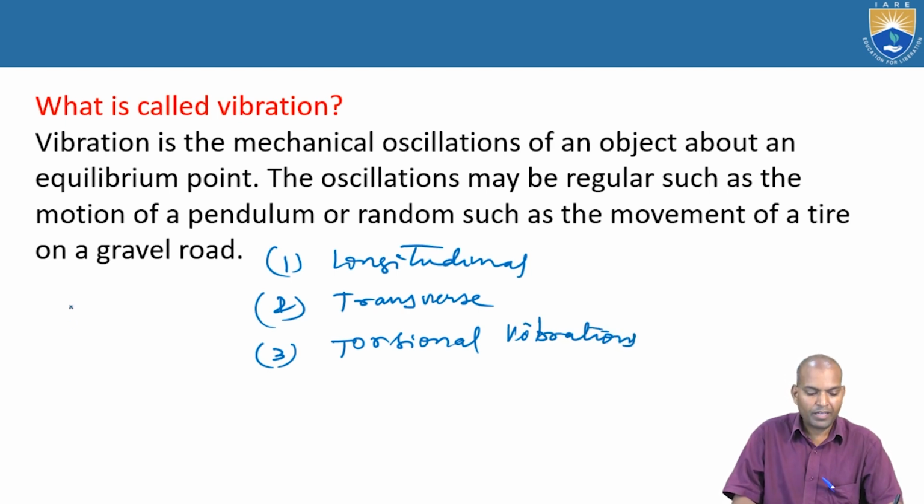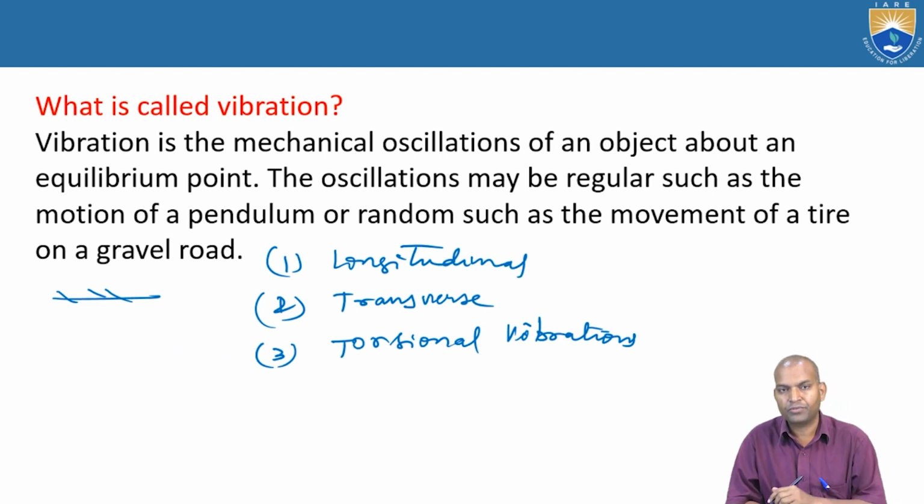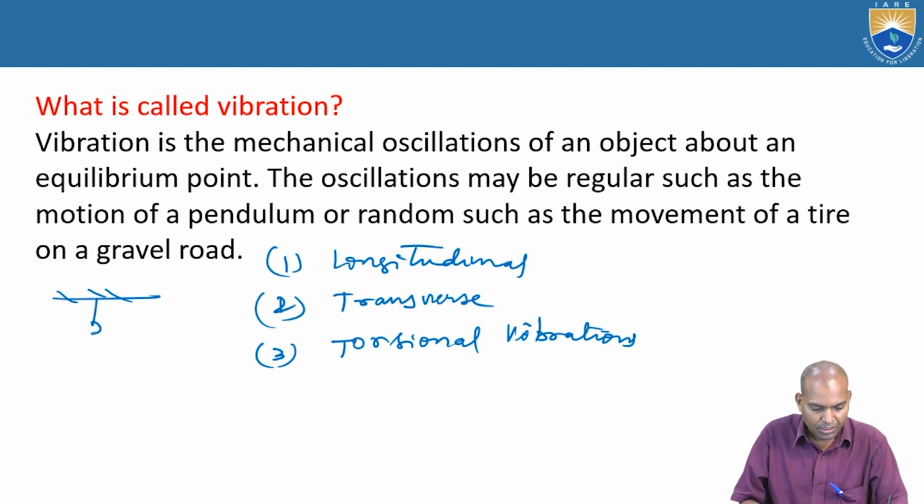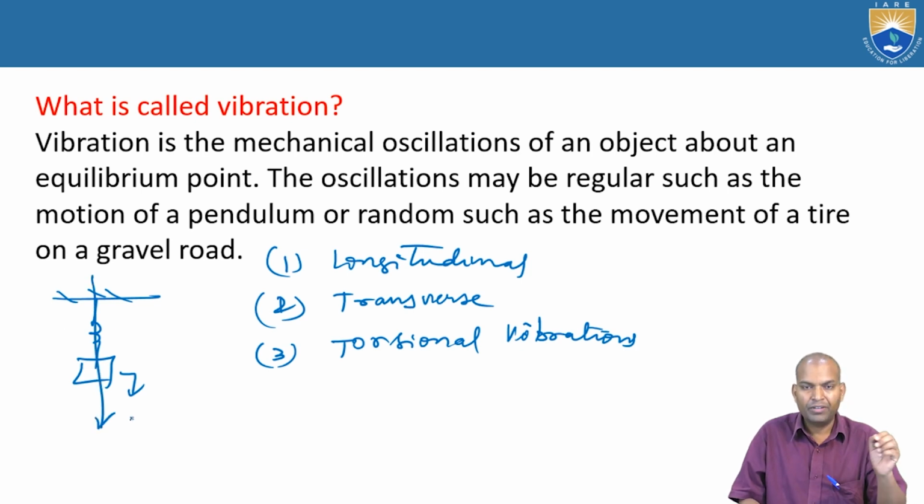What is longitudinal vibration? These longitudinal, transverse and torsional vibrations can each be forced or free. If you give an initial displacement in the longitudinal direction, along the axis of the spring mass system, and let it go, it starts oscillating.